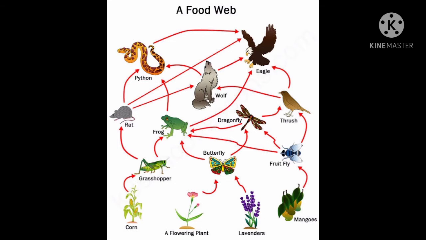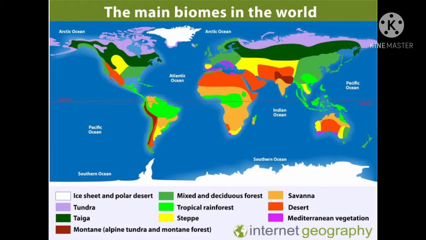That is, when we affect one level, the entire food chain will be affected. Next, biomes. When small ecosystems are put together, they form vast geographical areas that are characterized by their own climate, rainfall, soil, water sources, flora and fauna. Such vast geographical areas are called biomes.